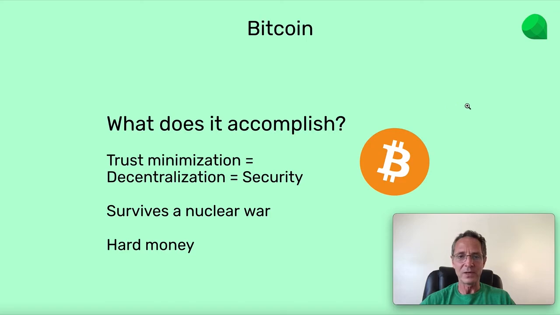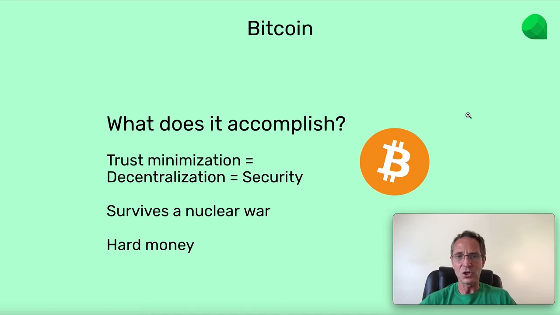And what does Bitcoin accomplish? Well, because it's totally decentralized and it doesn't need any central authority, and nobody can deny participation to anyone, and it is permissionless to go in and out, it is trust minimized. This is the concept of trust minimization that Nick Szabo explained a lot in papers and essays.